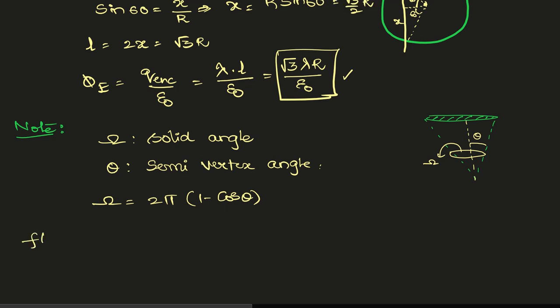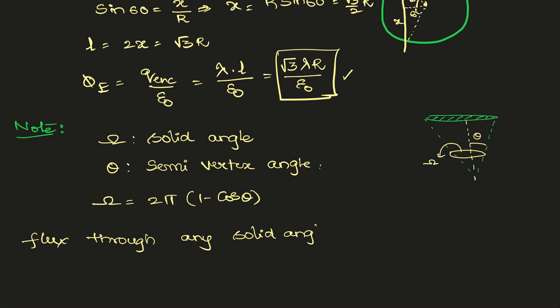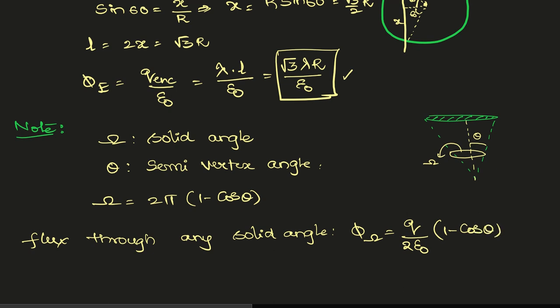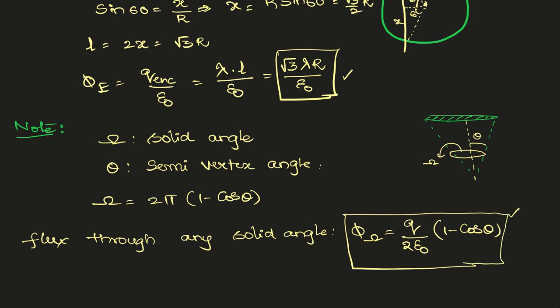Flux through any given solid angle is given as q by 2 epsilon naught into 1 minus cos theta, where q is the charge enclosed by that surface.